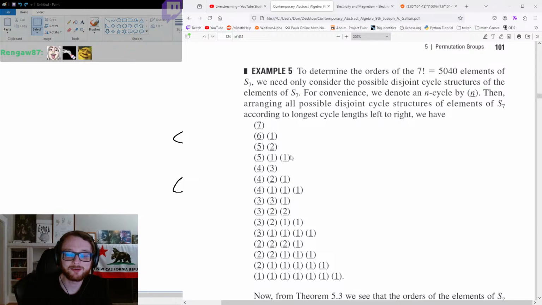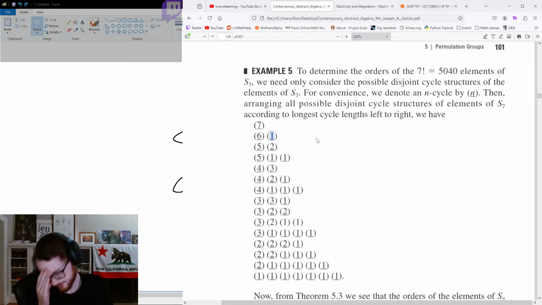So in S7, which is all the permutations of seven things, you can write a single cycle of length 7. You can have a cycle of 6 followed by a cycle of 1. Sure. 5 and 2, 5 and 1, 1.